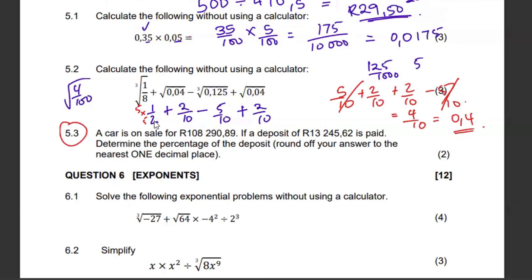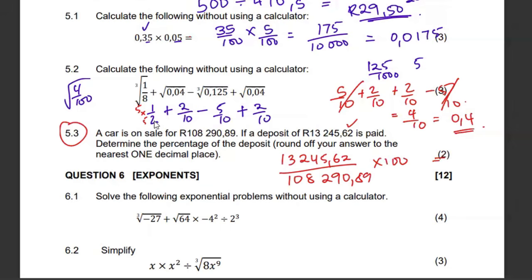5.3, a car is on sale for this. If the deposit paid is this much, determine the percentage of deposit. So you get the 13245,62 divided by the total amount of the car, and then you multiply by 100.